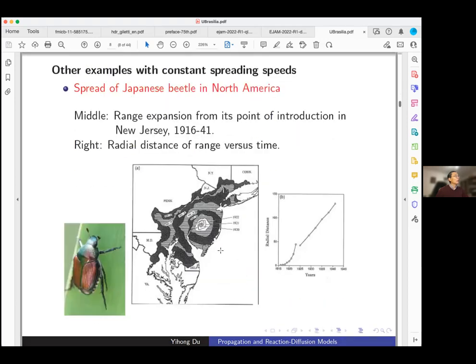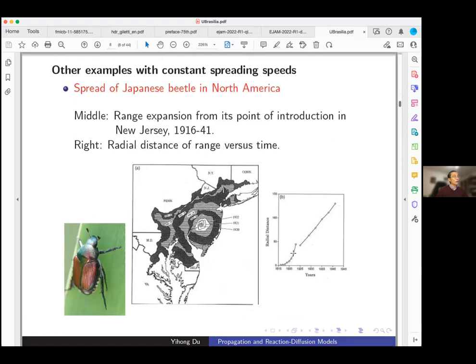Okay, after this observation by Skellam, people looked for other field data, and they found field data for the spreading of the Japanese beetle in North America, and they did the same thing, and they found a straight line as well.